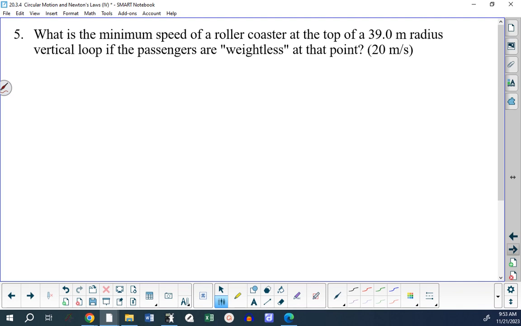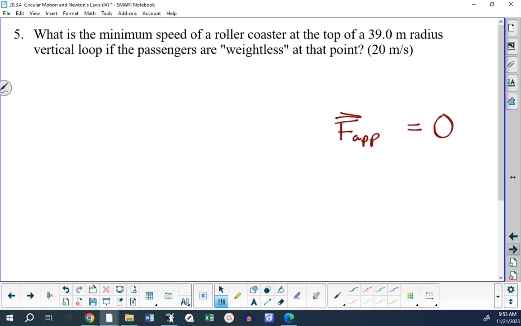Because if you feel weightless, that means the applied force must be equal to 0. And if you were in an elevator and you felt weightless, then the applied force upward is 0, and the whole elevator and you are in free fall.